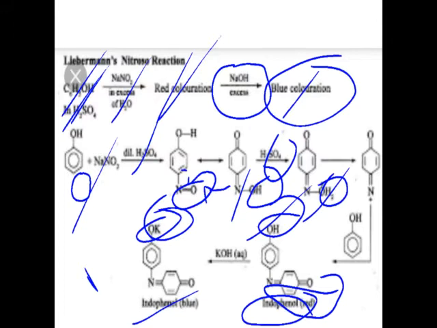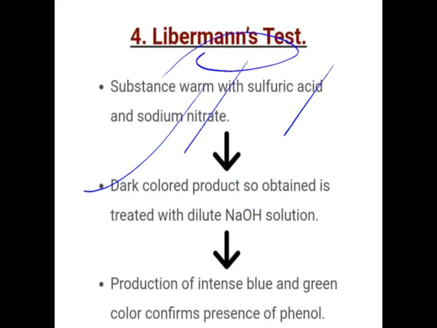That compound is formed, which has the blue color, indophenolate. So at the end of the reaction we get the blue color complex, which indicates the presence of phenol in the given sample. In this way we get the Liebermann test, the blue or green color, which confirms the presence of phenol.